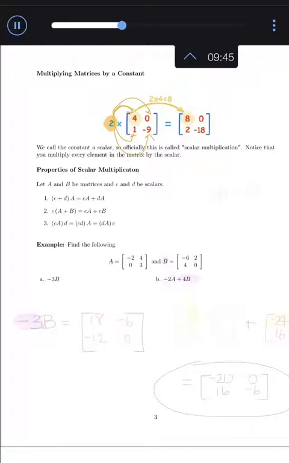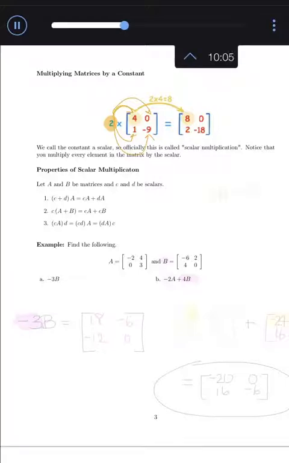So, there are some rules for scalar multiplication, but they're exactly what you would think and what you already know from previous math courses. Those courses say that you need to do your multiplication before you add or subtract, just like the regular order of operations says.